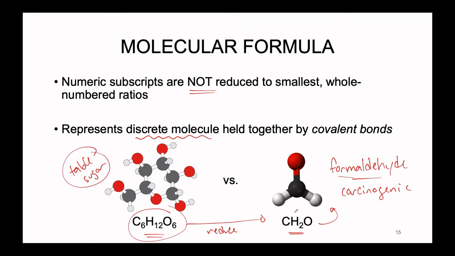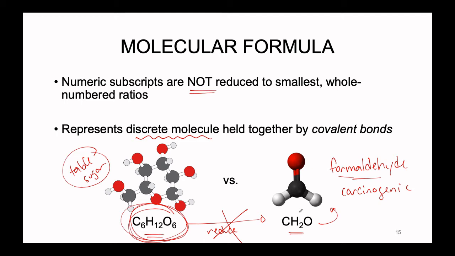Because of the vastly different chemical properties, we have to represent table sugar using its expanded, explicit molecular formula. We cannot reduce the chemical formula down to CH2O because this means something totally different.